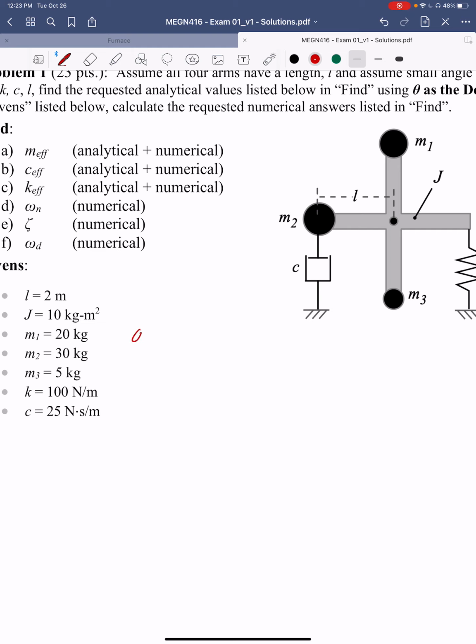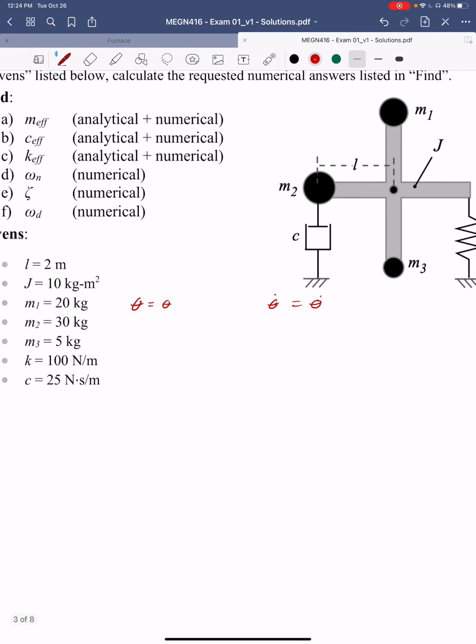Let's state the degree of freedom. Theta is equal to theta. Theta dot is equal to theta dot, okay? Now step two. Now we're on step three. We're going to do the geometry and trig to get displacements in terms of our degree of freedom.